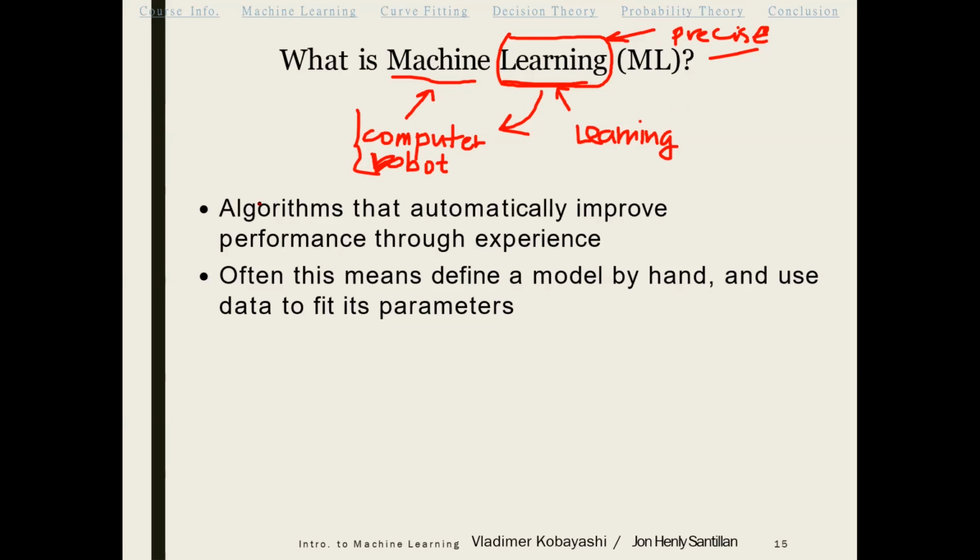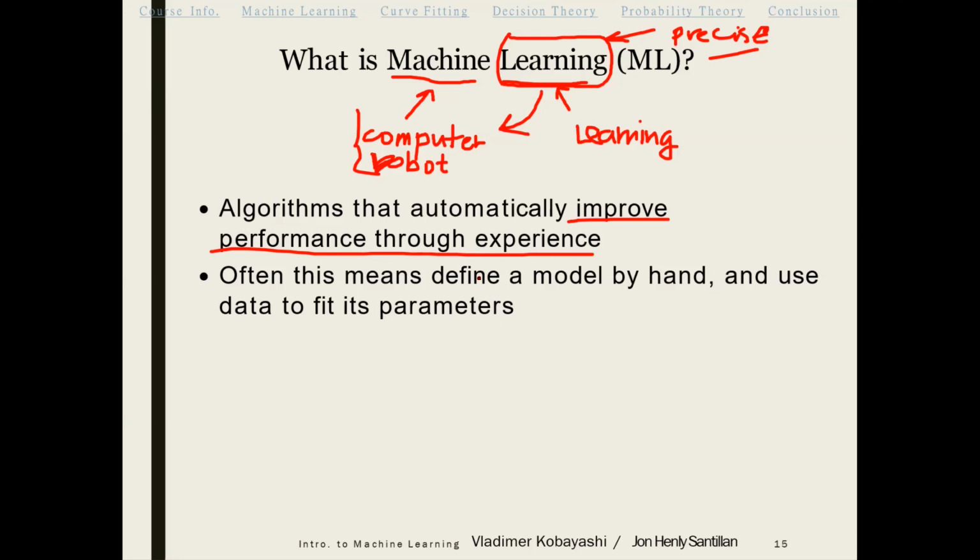So maybe you can have these algorithms that automatically improve performance through experience. So just like humans, we learn from our experience. No? So the more experiences we have, the better we are at something, right? And that is actually the role of the algorithms.